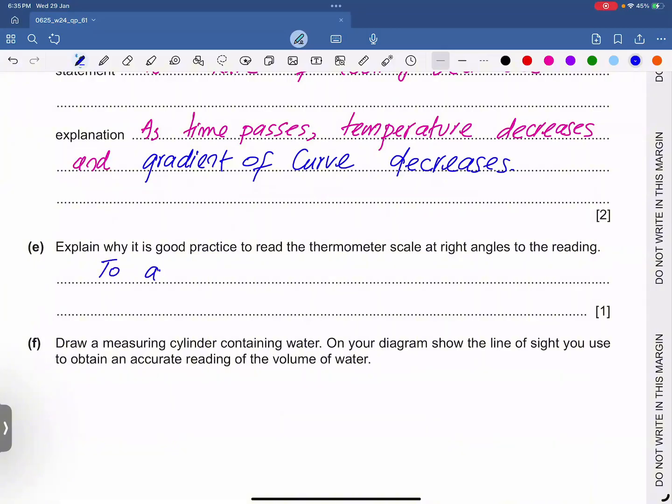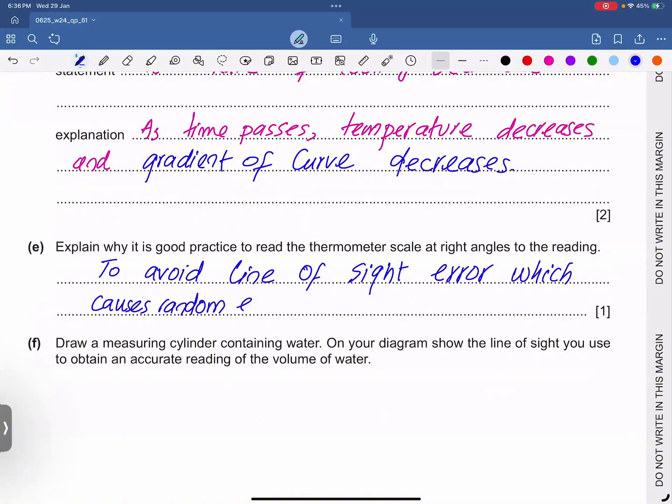So it is to avoid line of sight error, you can say, which causes random error. If you don't write this one, no problem. The line of sight error you can write. You can also write parallax error.